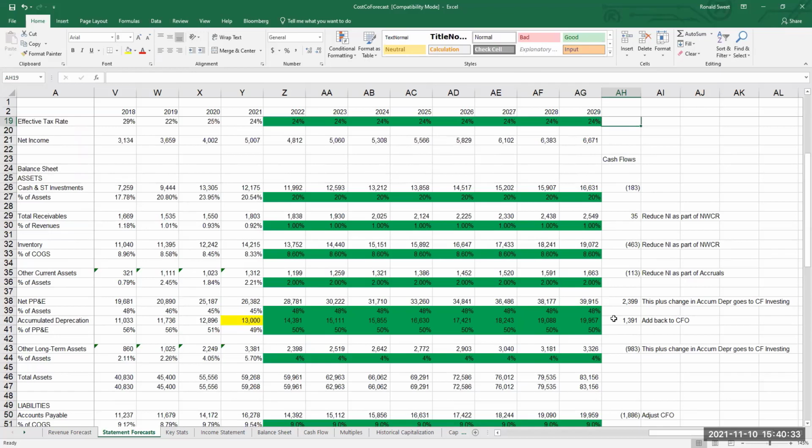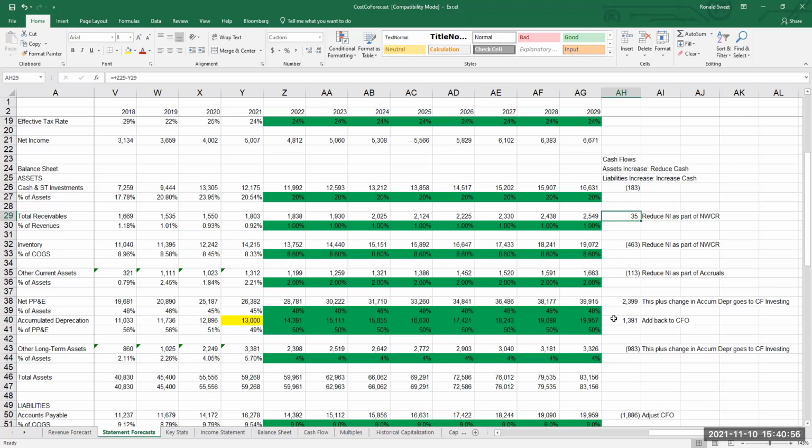So let's think about that. Assets increase, that's going to reduce cash. Liabilities increase, what's that going to do? It's going to increase cash. So if we see positive numbers on the assets, we have to reduce our cash.